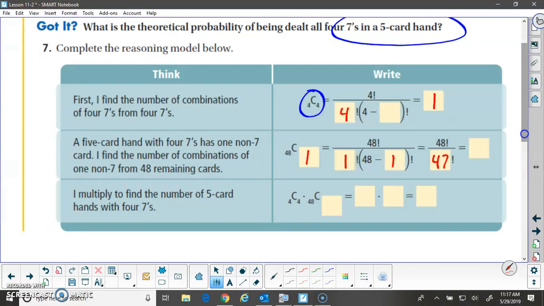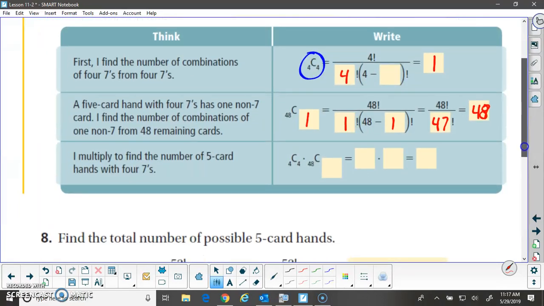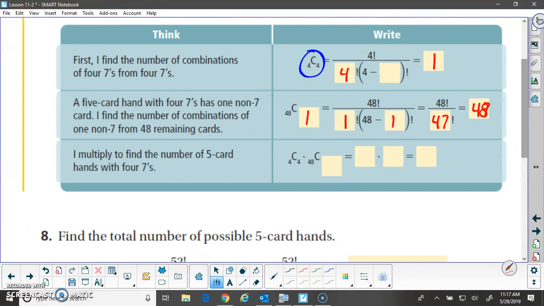This would give us 47 different outcomes. Sorry, 48 different outcomes. 48 different ways to get a card that's not a 7. So now we have to multiply these. So 4 nCr 4 times 48 nCr 1 would end up giving us 1 times 48, which is just 48.